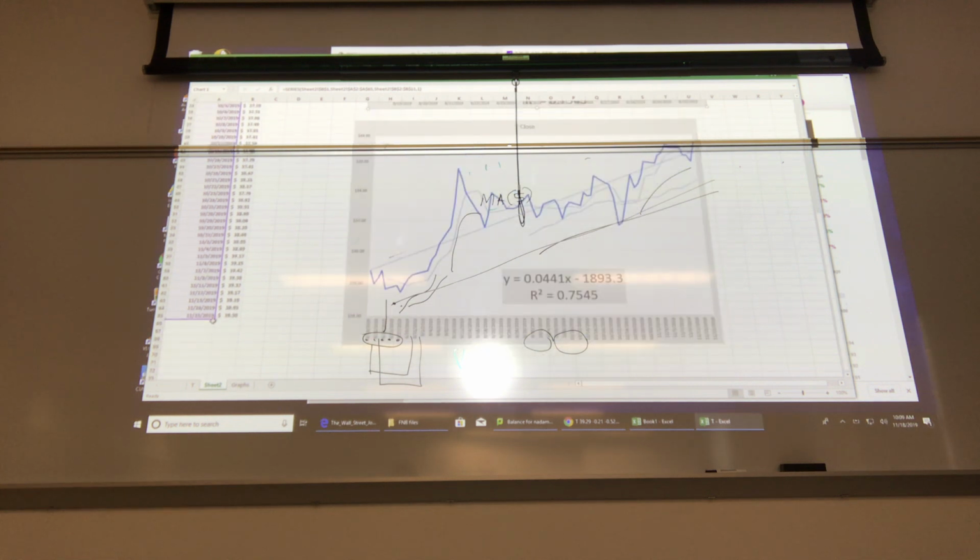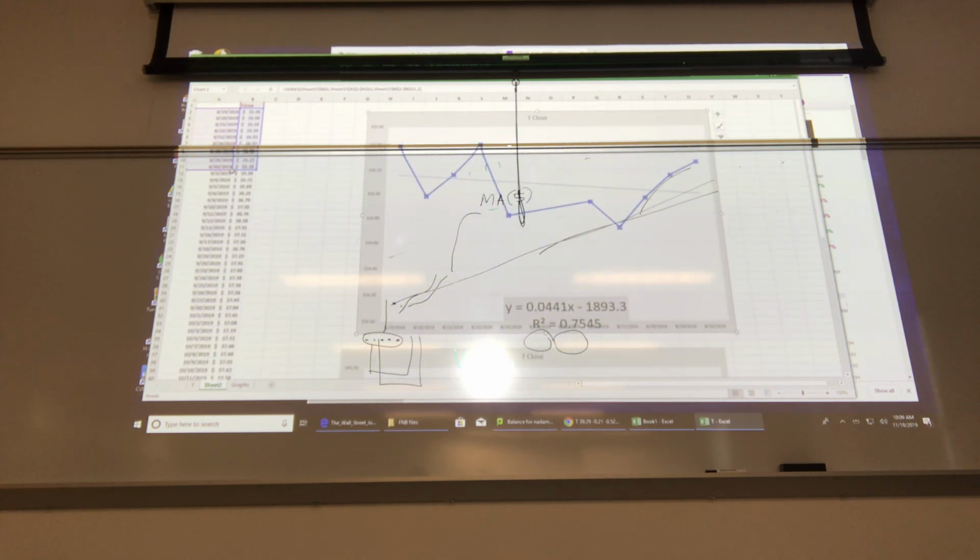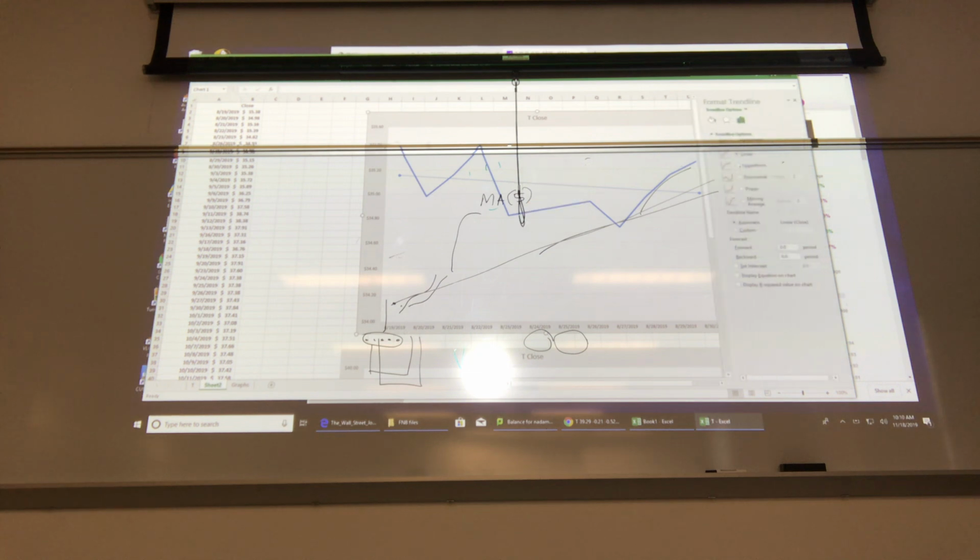And one way to do it is to make adjustments here. And now I have a different line for a different time period. What is the line here? Is it positive or is it negative?